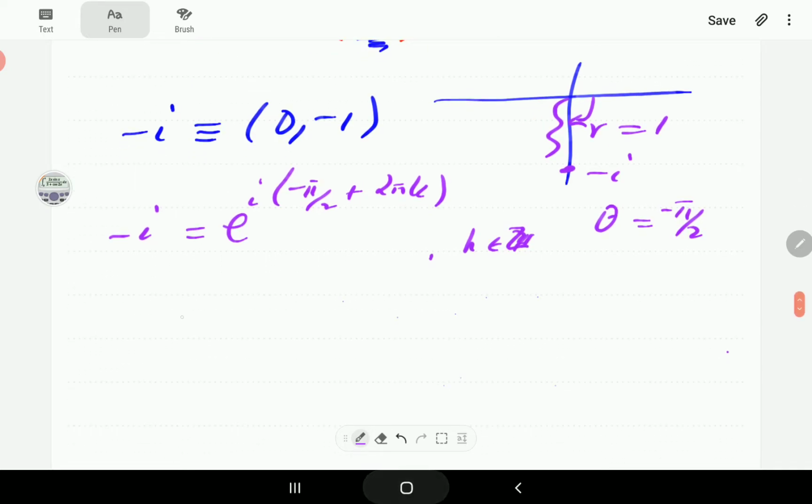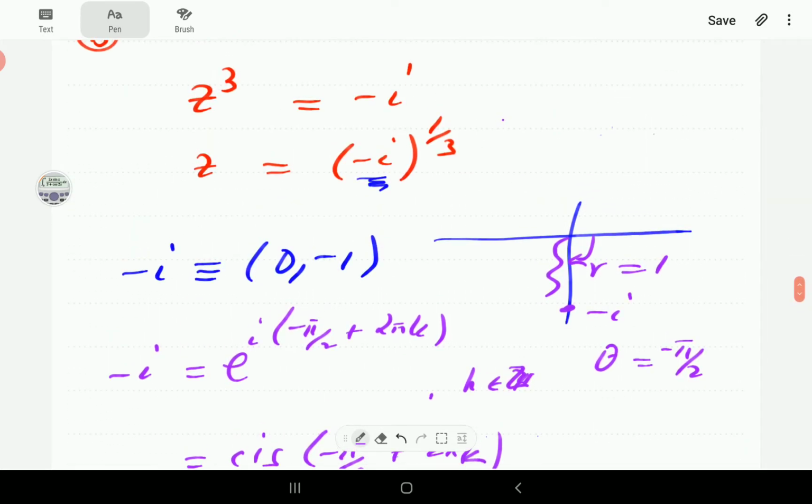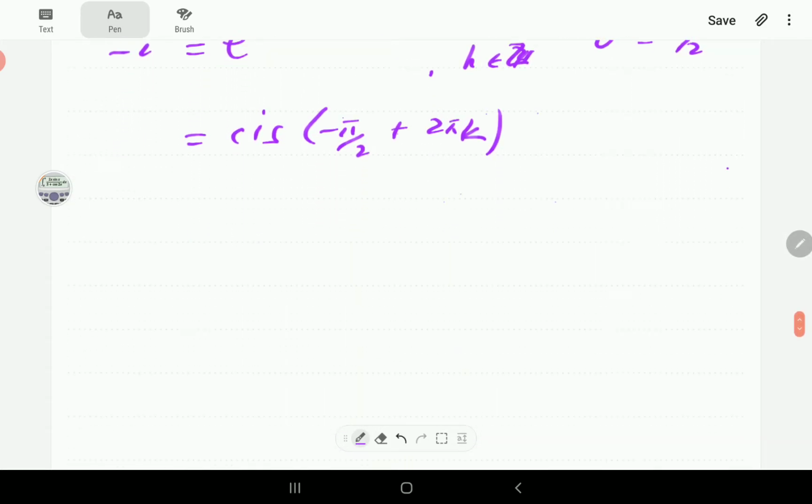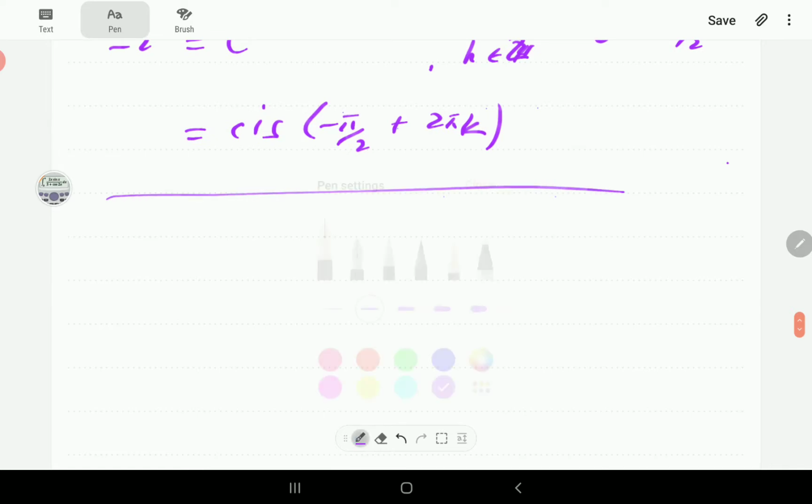Okay, by the way, this is equivalent to that, so we can use either of those two formulations. Now remember, z is the cube root of that.